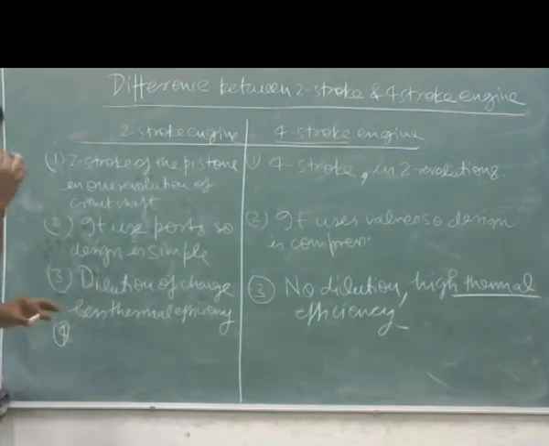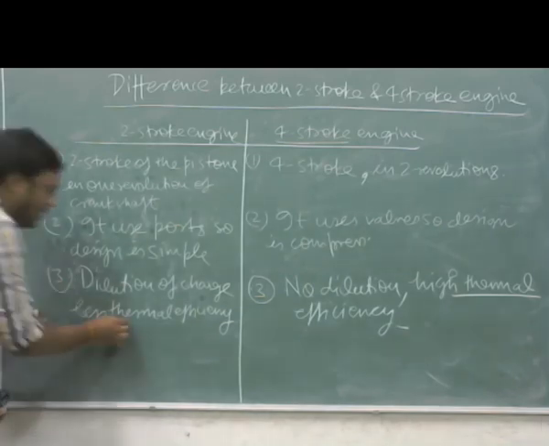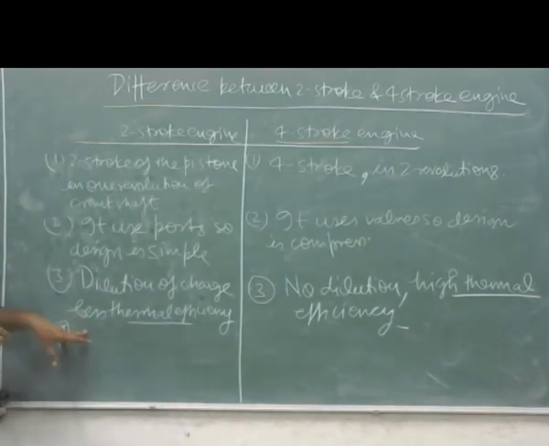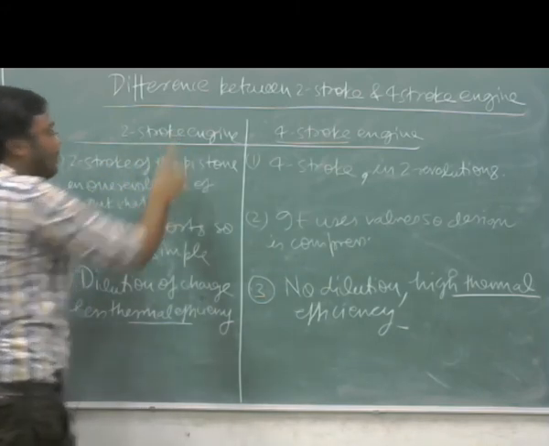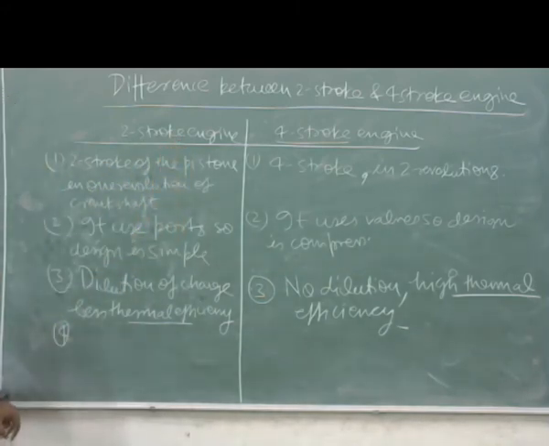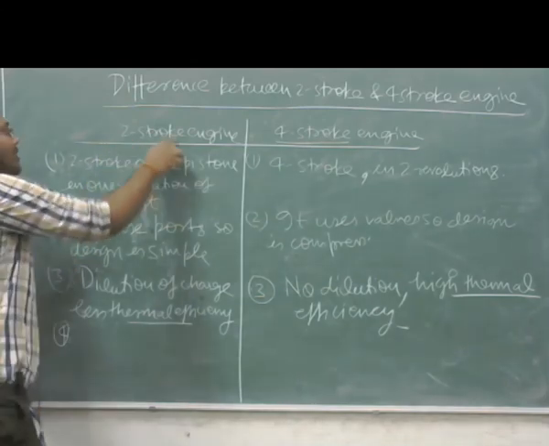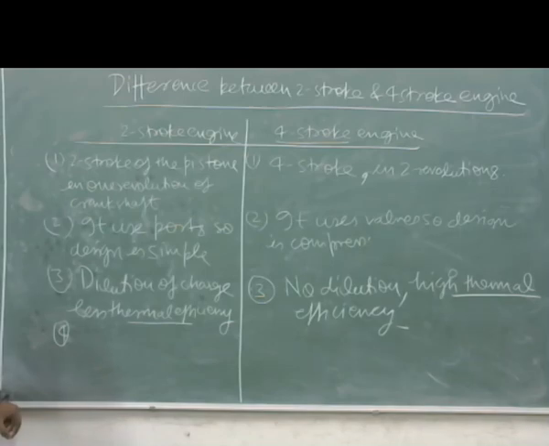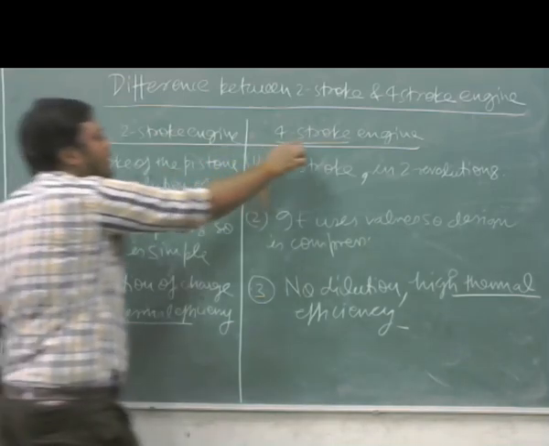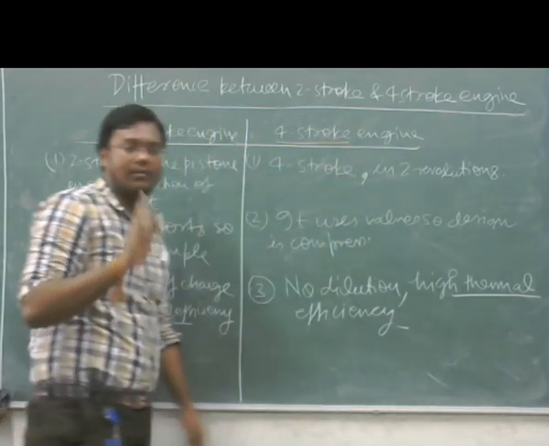So the next difference: the thermal efficiency is less, but the working cycle of a two-stroke engine completes in one revolution only. But for a four-stroke engine, the working cycle completes in two revolutions.